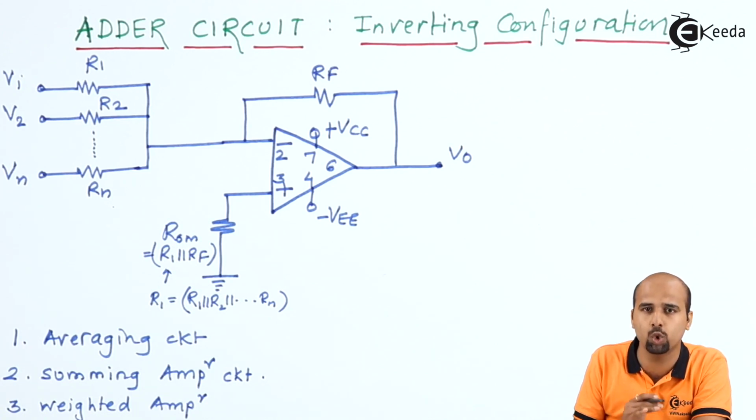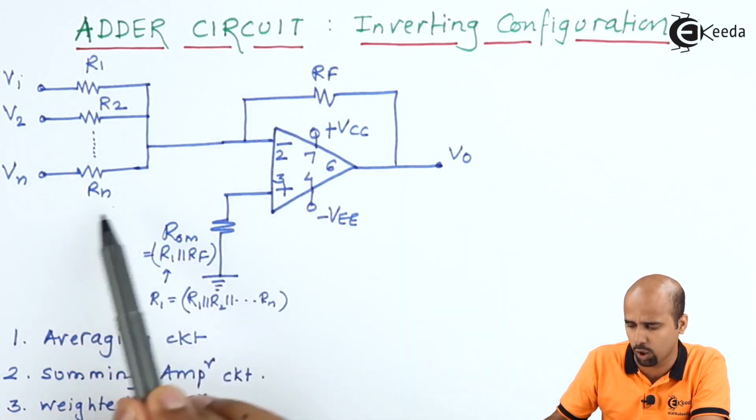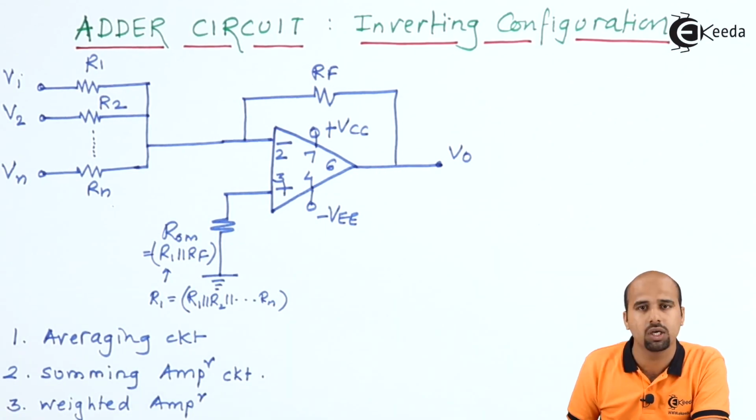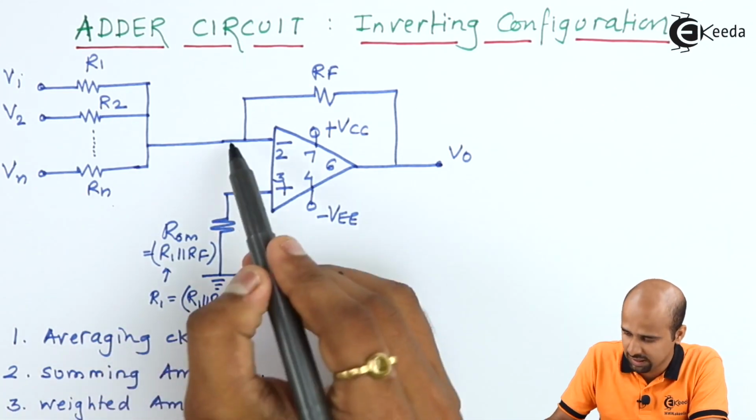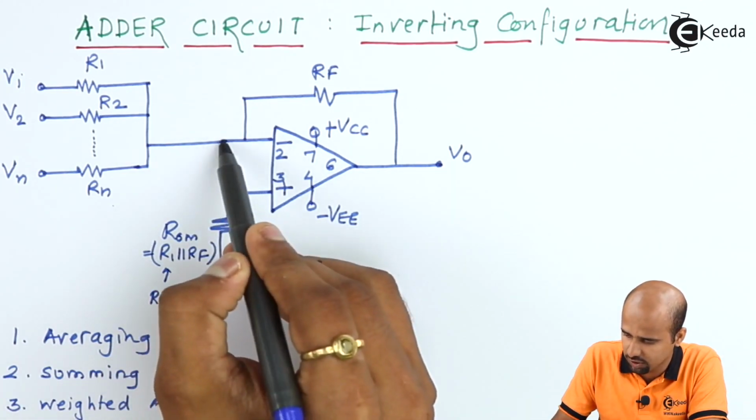First of all, we will do the analysis. We will reach the final value of voltage gain in terms of RF and all these resistances. When we start the analysis, we have to follow the same procedure as we did in the analysis of the inverting configuration amplifier for voltage gain. This is the inverting terminal node.